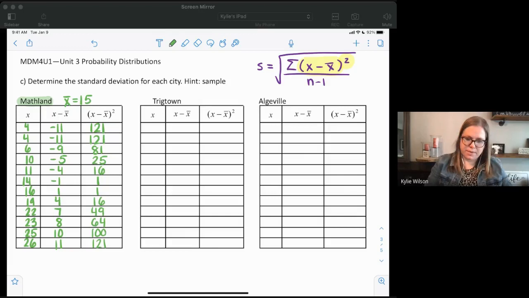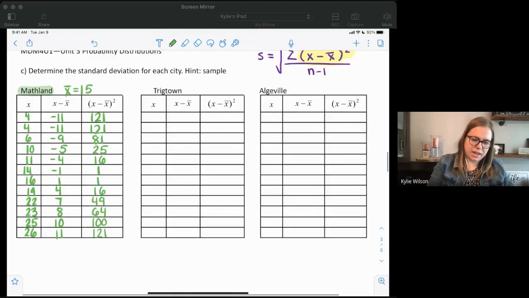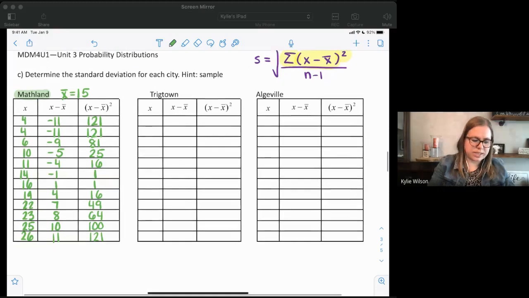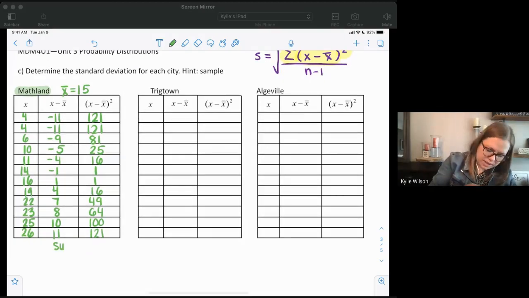There we go. So far, I've done the middle bit, subtracting the mean, and I've done the square piece. Next, what I'm going to do is the sum piece, and I'm going to sum that third column. I'm going to find the sum of the third column and add up all of those numbers.